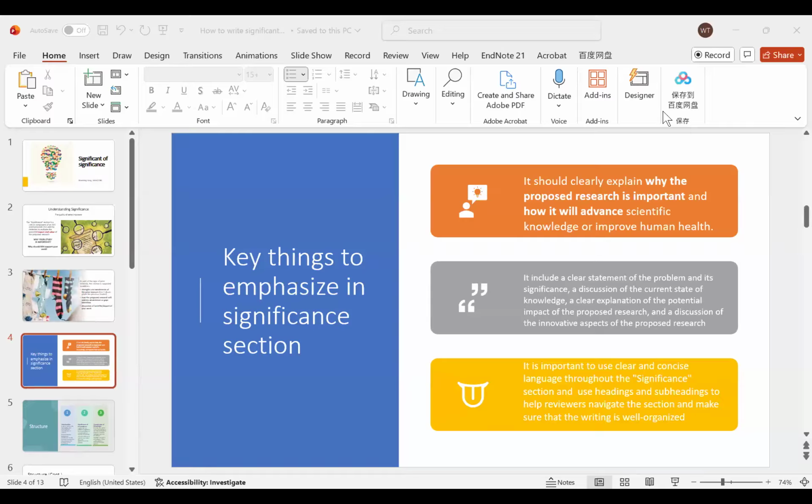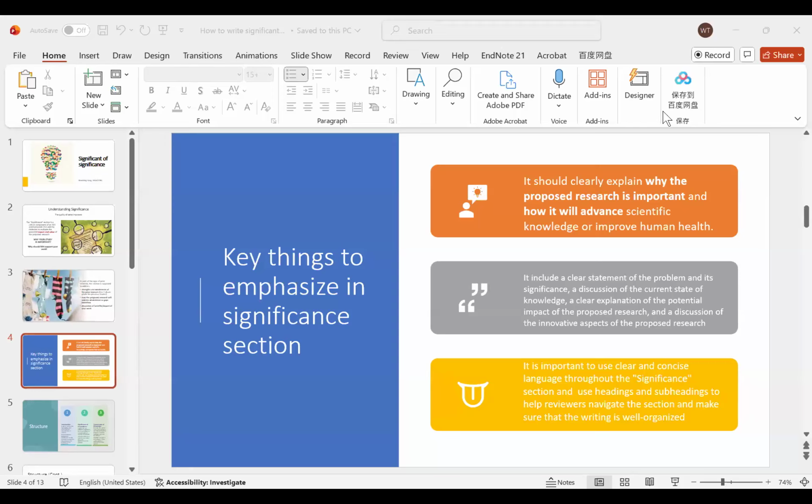We want to emphasize the problem and its consequences, the knowledge gap, the proposed study measures or approach, and also the potential impact.